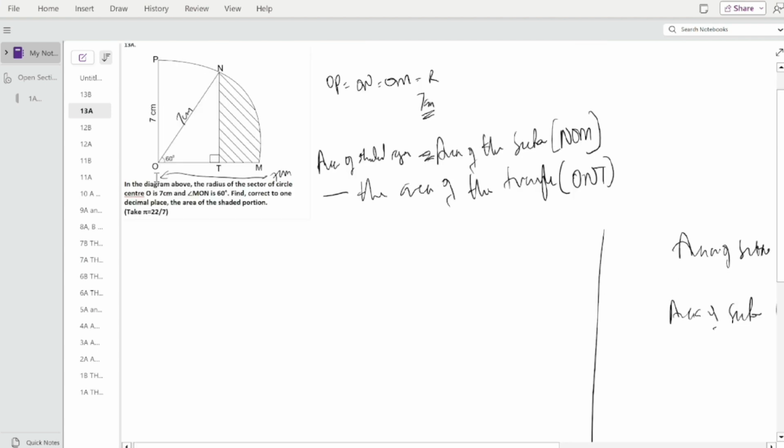Now that we have the area of sector ONM, we can find the area of this triangle ONT. There are two ways to find it.